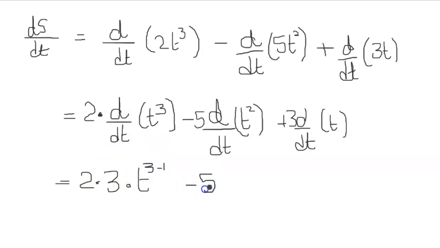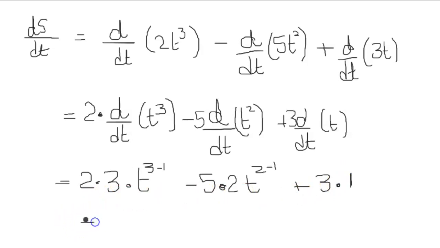Minus 5 is there, bring the 2 out, reduce the power by 1, 2 minus 1. The 3 is out. Now you know that d over dt of a number times the variable on its own, the differential is just 1. So you don't have to do that one.